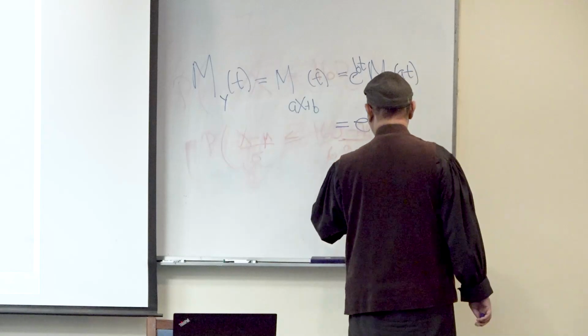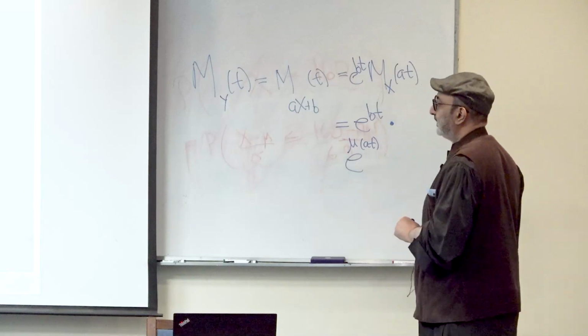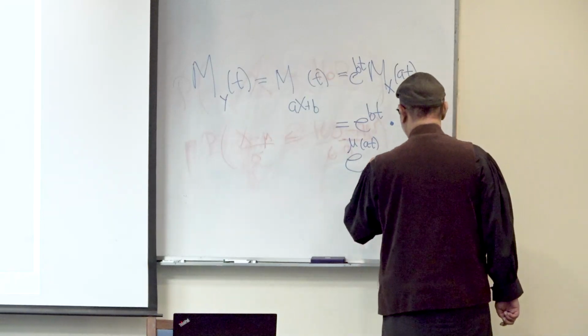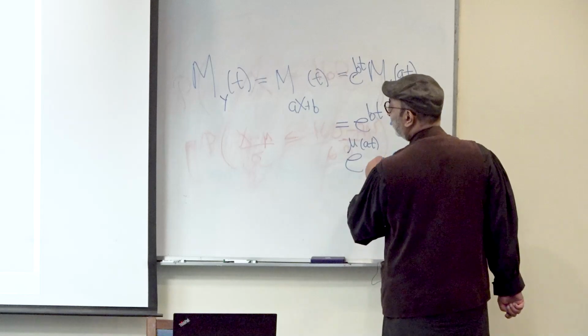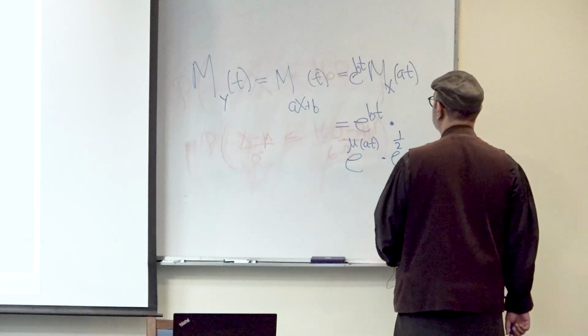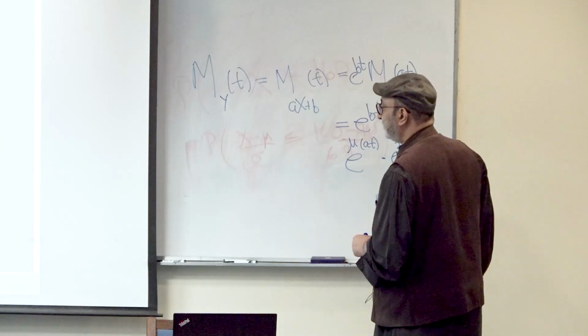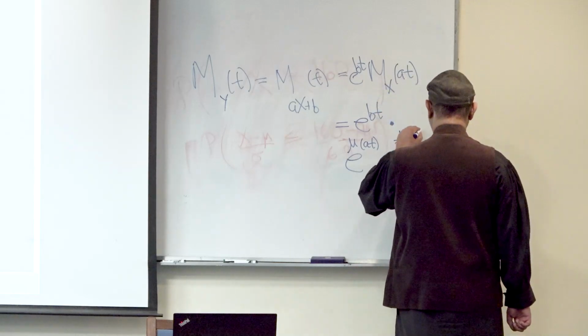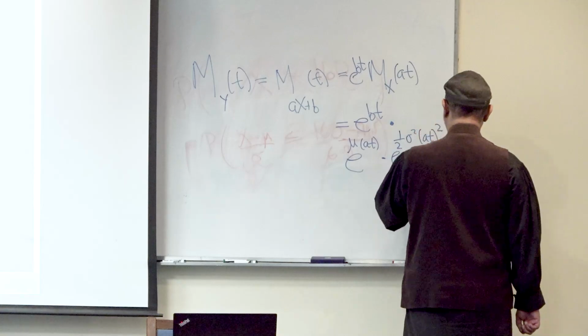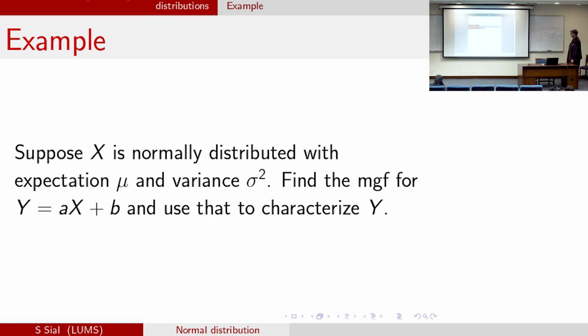So that's e to the mu, t gets replaced by at, times e to the 1/2 sigma squared, and t gets replaced by at, so at squared. Okay.